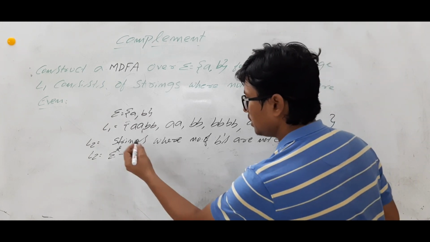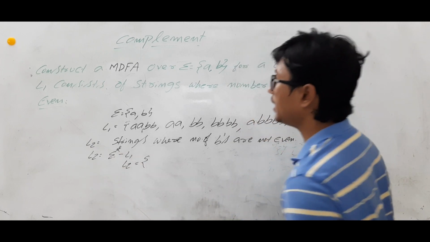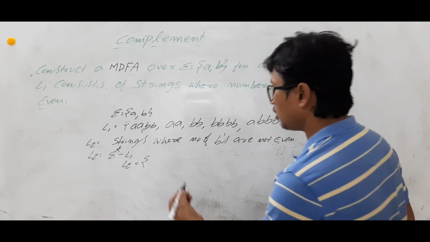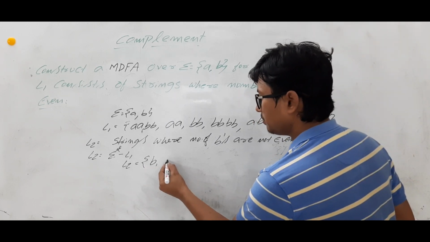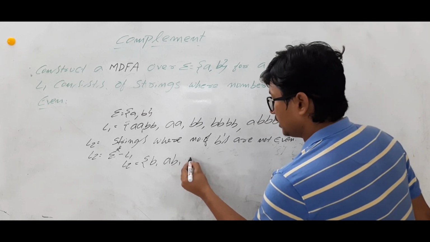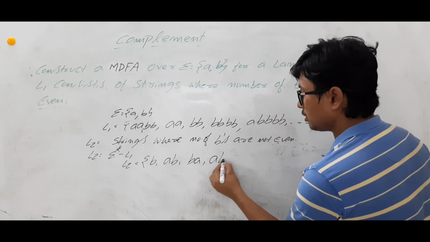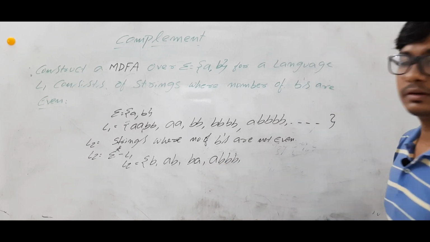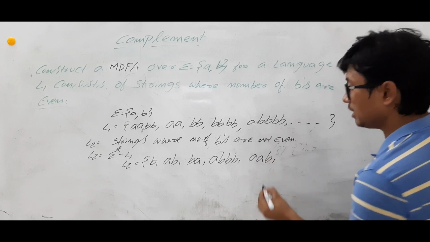We will check it. How can I represent the language L2 simply? The number of B's should be odd. So a single B can be there, AB can be there, BA can be there, ABBB can be there, AAB with a single B can be there.